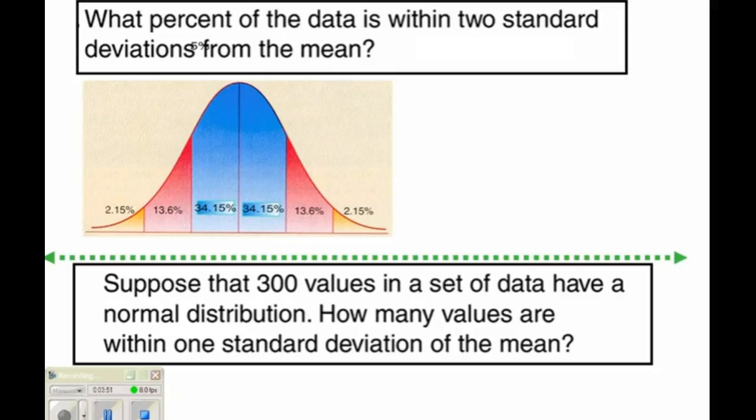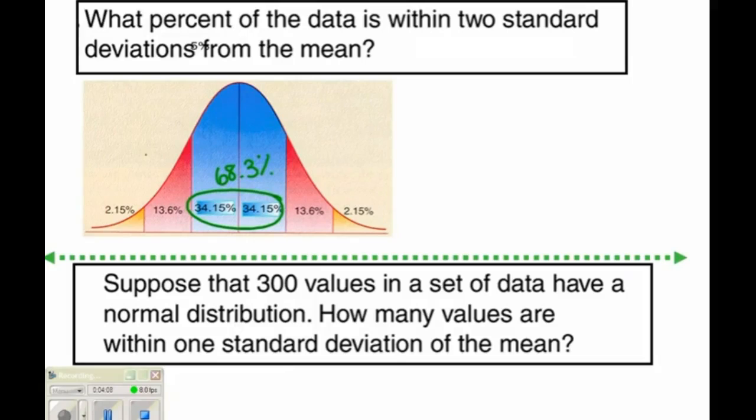Dividing that data up, this 34.15% added together creates the 68.3% of the data that you just saw on that previous screen. This format here just lays it out a little differently.